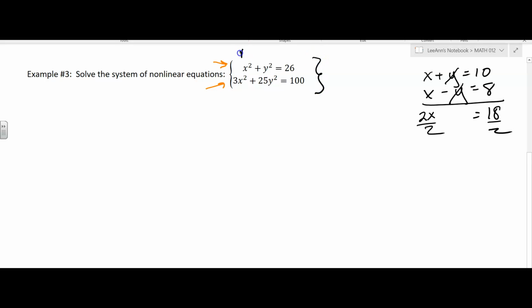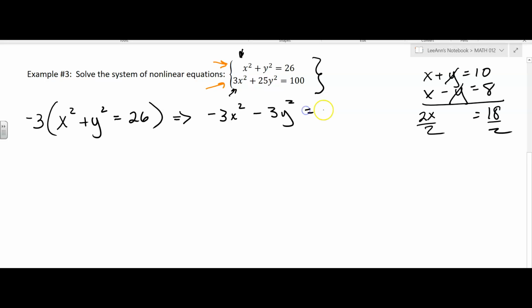So see how I have an x squared, and here I have a 3x squared. So what I'm going to do is take that top equation and multiply that equation by a negative 3. And that's going to give me the equation negative 3x squared minus 3y squared equals negative 78.